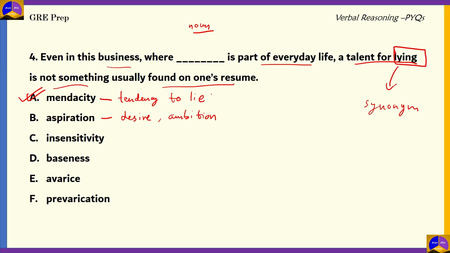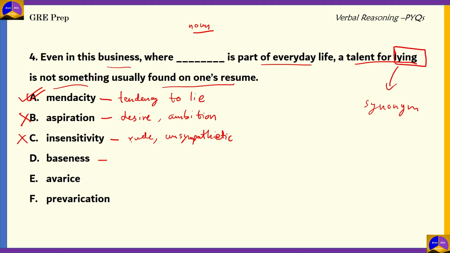Of course that does not automatically translate to lying, so option B is incorrect. Next we have insensitivity. So someone who is rude or unsympathetic is said to have showcased insensitivity, so therefore again that does not automatically mean lying, so option C is incorrect.